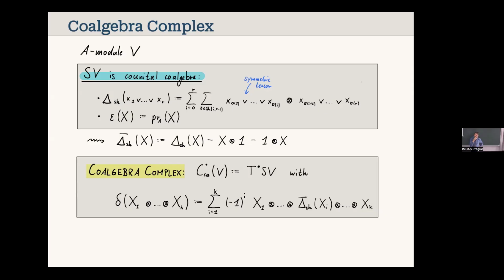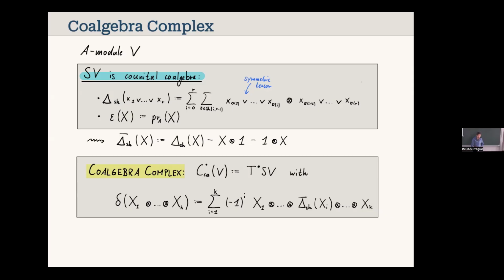But then epsilon is not a map to the field, right? No, this is what I did wrong. Well, the degree 0 should be the field, and this should be the projection onto the degree 0 of the symmetric algebra. Okay, this makes sense. Not the A here.